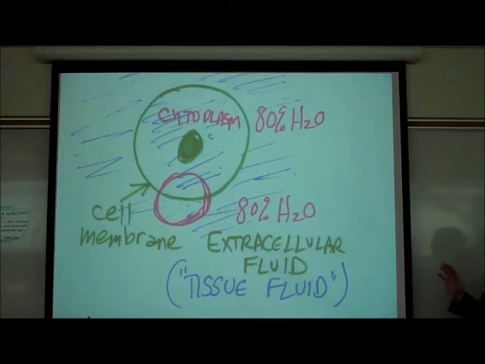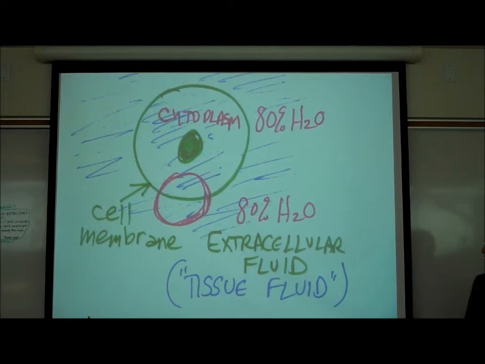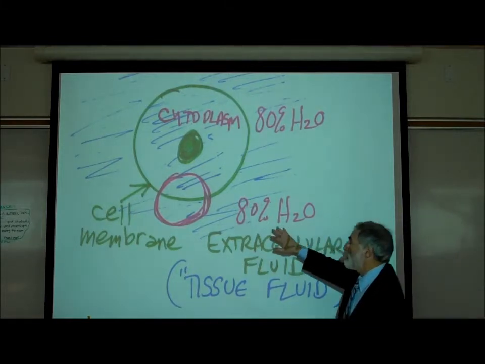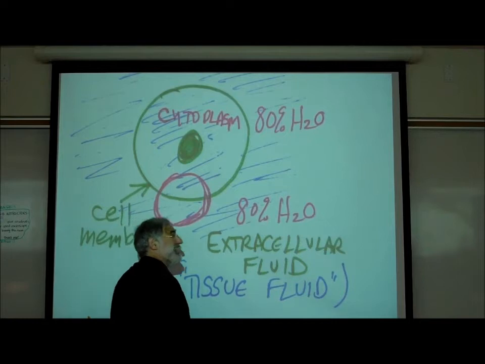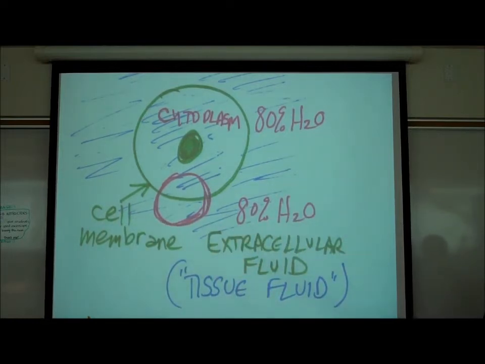So all living cells have to be surrounded by fluid or they will die. And these are dead because they're in contact with air, not fluid. Now, the fluid really, in order to keep human cells alive, should also be the same concentration of water on the outside of the cells as on the inside. So if the inside of the cell is 80% water, the outside of the cells should similarly be 80% water.